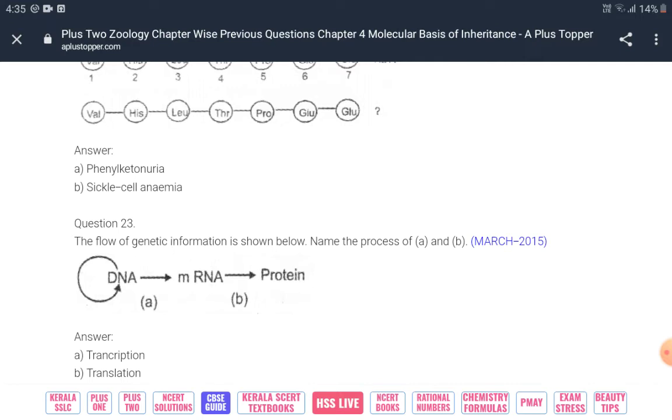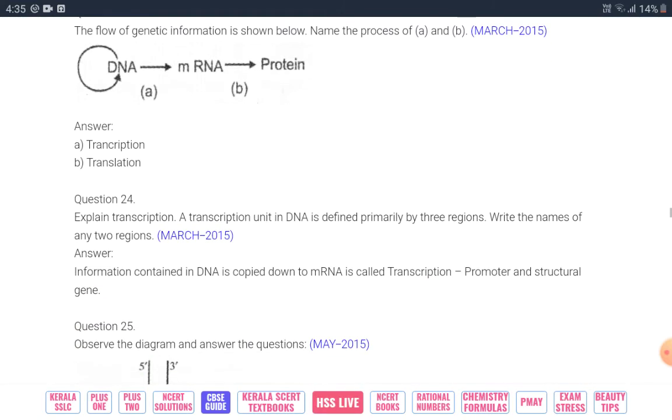This is a very frequently asked question. A is transcription, B is translation. Explain transcription. DNA changes into mRNA. Information contained in DNA is copied down to mRNA, which is called transcription. Name two regions: promoter and structural gene.